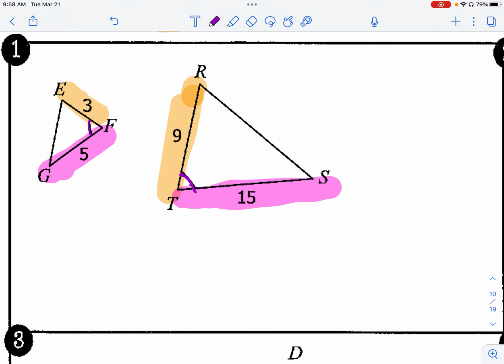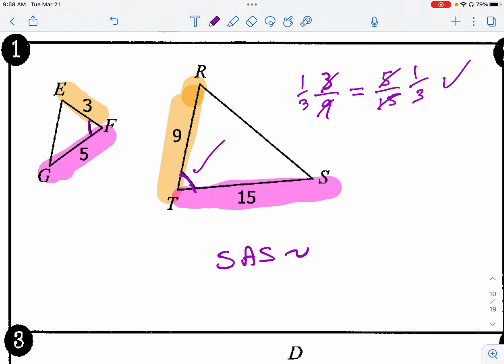So we know that the short side goes with the short side, and the longer side goes with the longer side. And we have the angle in between. 3 over 9 reduces to 1/3. 5 over 15 reduces to 1/3. We got sides, we got the angle, we got side, angle, side, similarity.